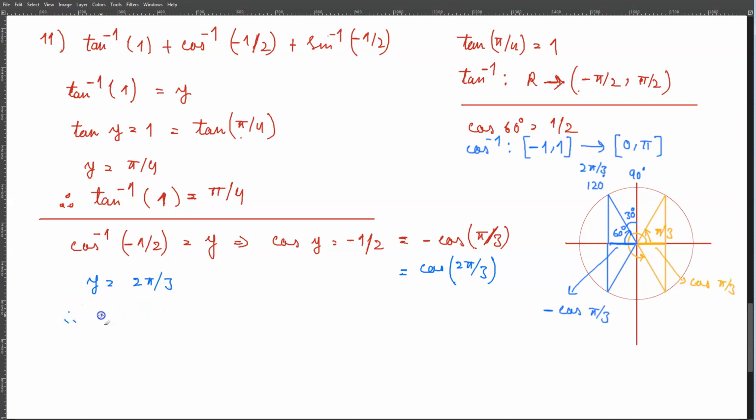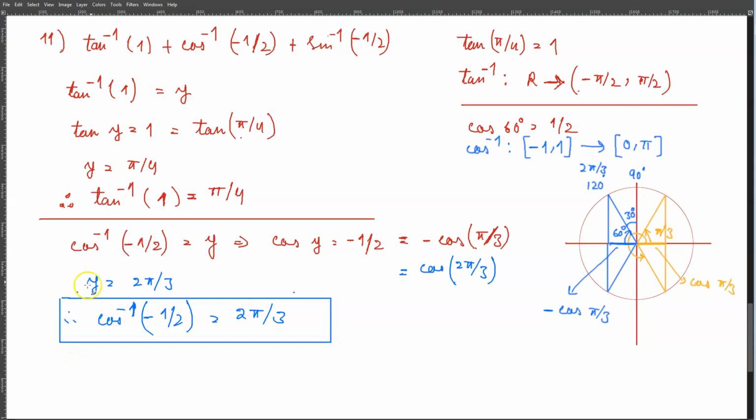Which means that the cos inverse of negative 1/2 is actually equal to 2 pi by 3. So that is another part of this problem that we can use later as well. So this is one part, and that is another part.